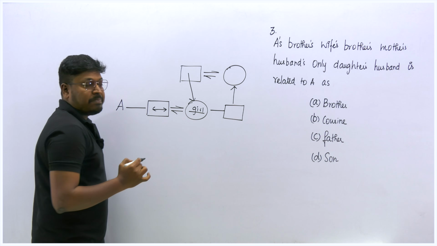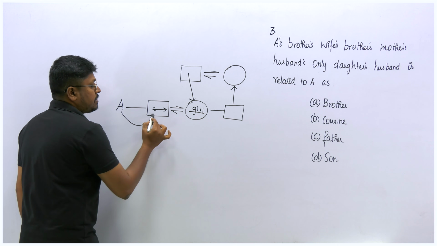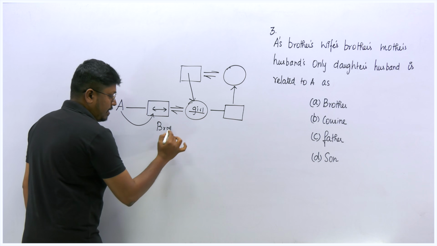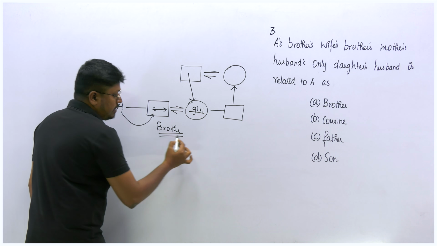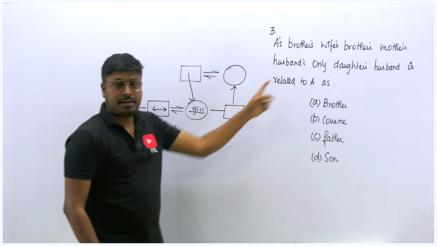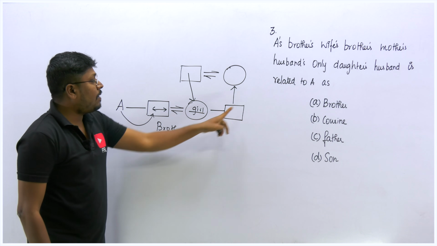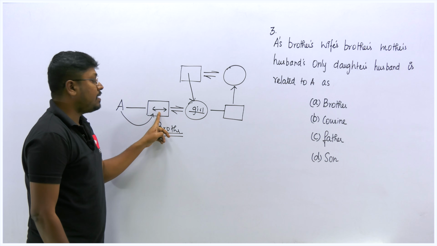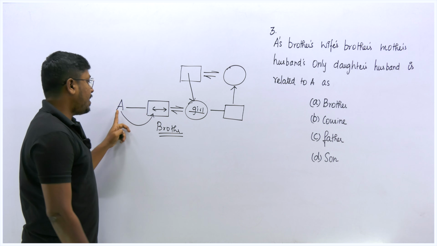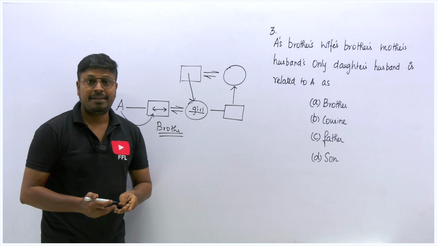So finally, our target is to compare what is the relation from A to this person. So the answer is brother. See, already in the first sentence itself they have given A's brother, so this person is A's brother. Now we have drawn the whole tree diagram completely, and we ended at this point. So our target was to find the relation with the person, which is the brother.